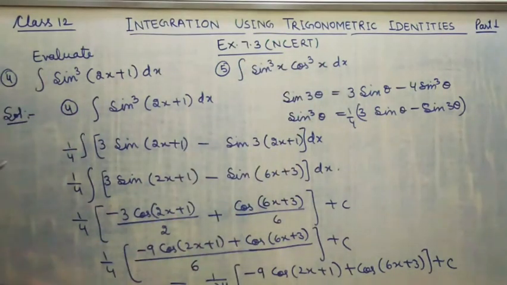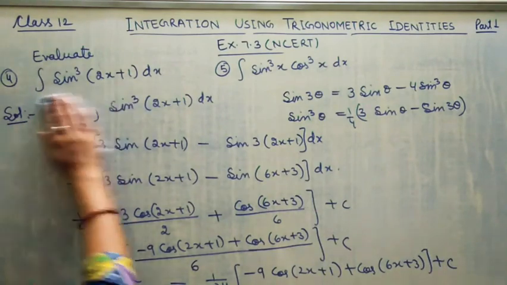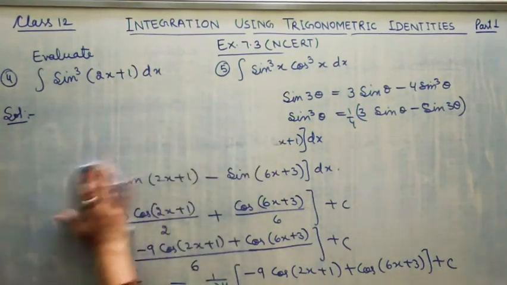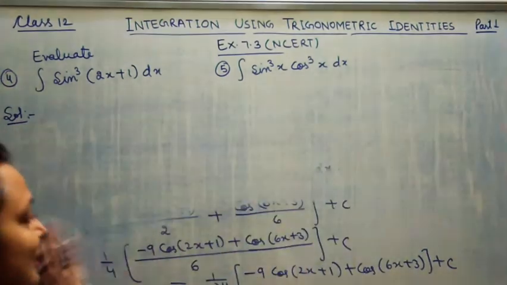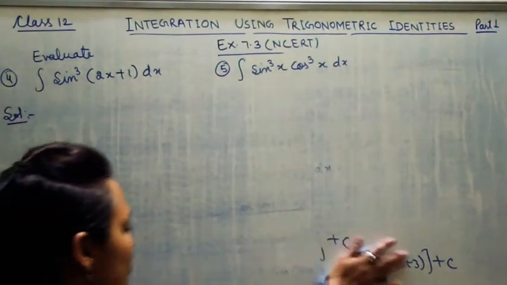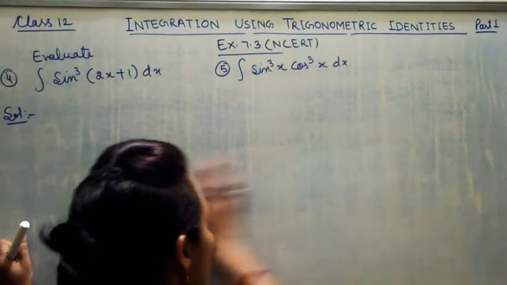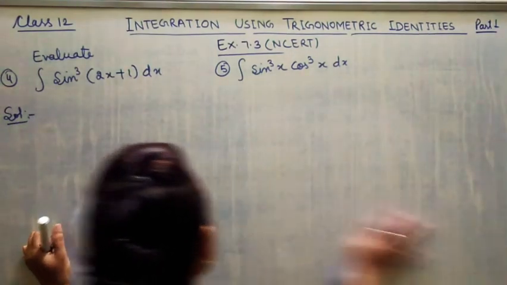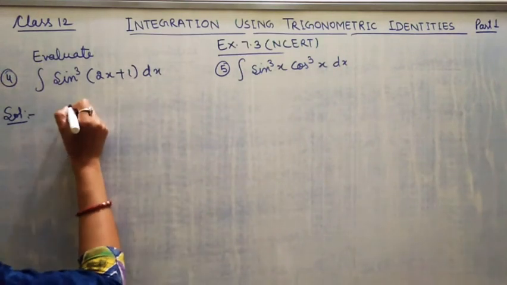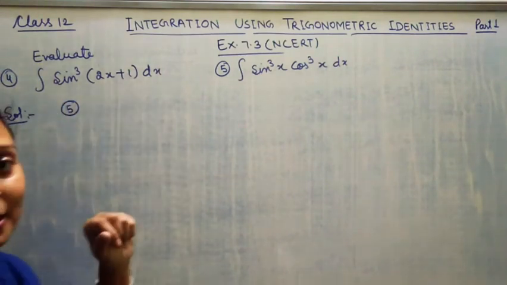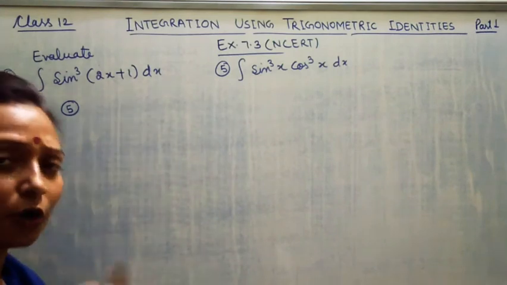This is a very simple question. You see the cube on both sides, but I will change it into the form of t by using substitution. No need to apply anything else; we will apply only the identity which I used in class 10. So I will use only one identity to change it into the form of cos or sine.